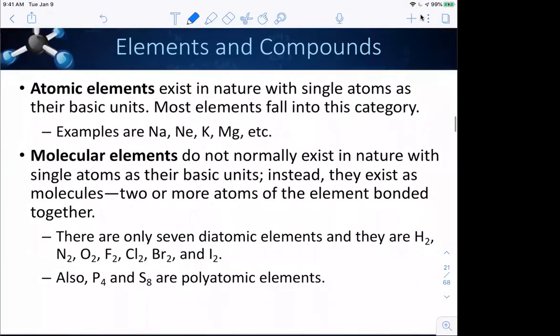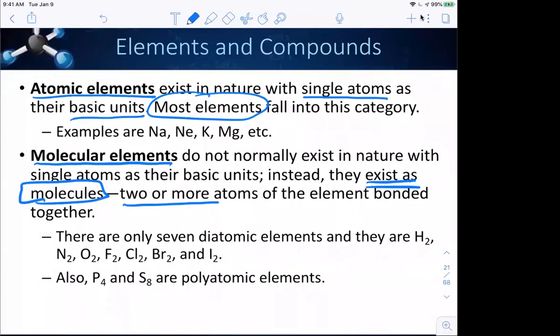So again, atomic elements exist in nature as single atoms as their basic unit. Most elements are going to fall into this category. There is this subset of molecular elements which you have to know. They do not have single atoms as their base unit. They exist as molecules where I have 2 or more atoms of the same element bonding together.